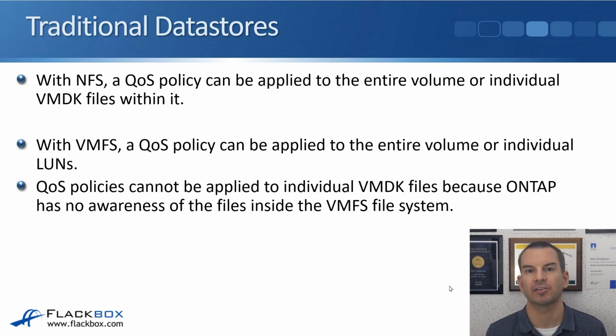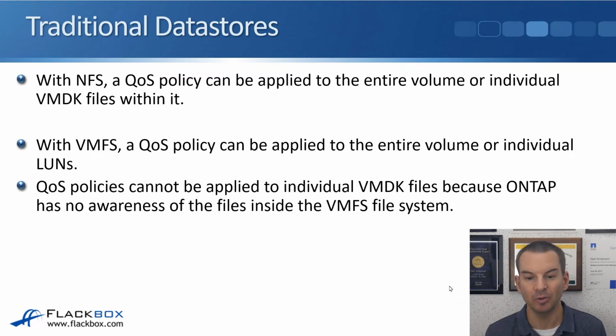So with NFS, a QoS policy within ONTAP can be applied to the entire volume or to individual VMDK files within it because ONTAP can see them. But with SAN protocols and VMFS, an ONTAP QoS policy can be applied to the entire volume or individual LUNs, but not to the files.